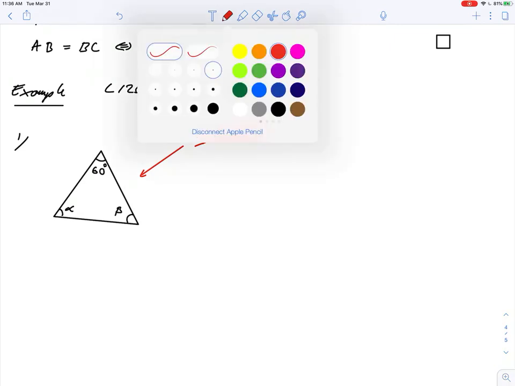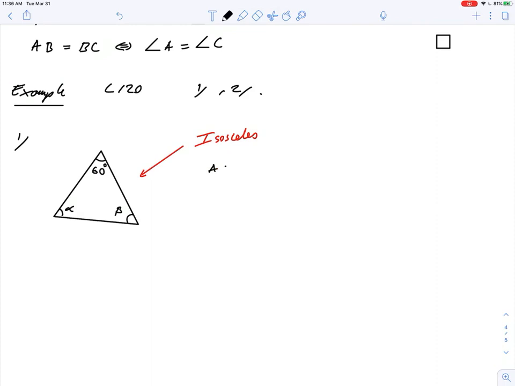So there are two options again. Option A: let's say alpha is equal to 60 degrees. In this case, beta would be equal to 180 minus 60, which is 60 degrees, which tells you all the internal angles are 60 degrees. This tells you it's an equilateral triangle.